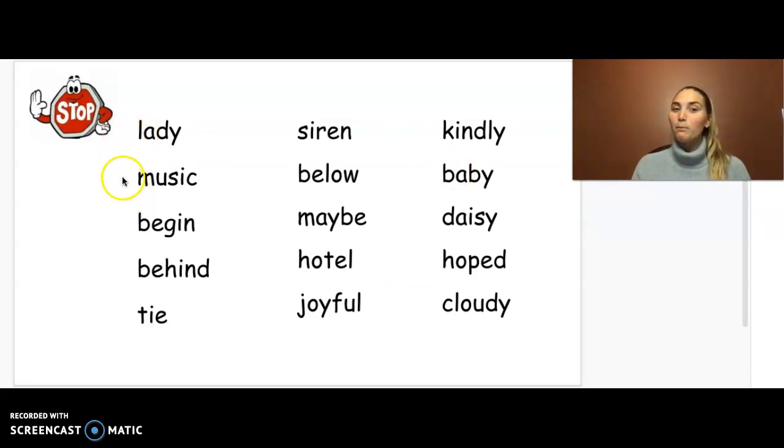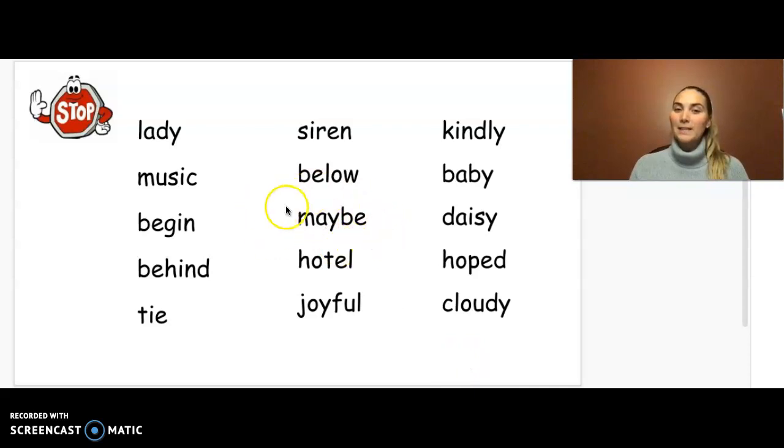Lady, music, begin, behind, tie, siren, below, maybe, hotel, joyful, kindly, baby, daisy, hoped, cloudy. Did you spot some CV pattern words? And did you count some syllables?